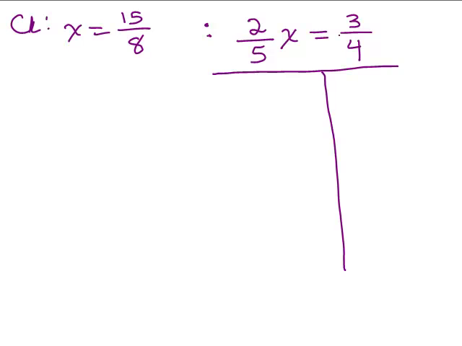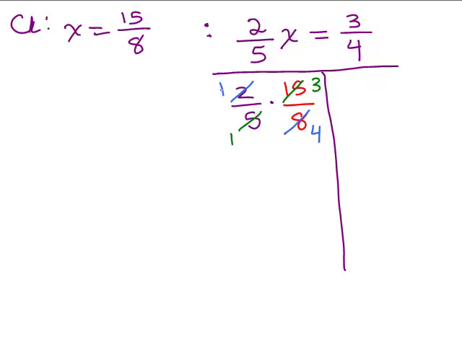So we've got our original equation and we're checking to see if x equals 15/8 is the correct solution. So on the left hand side I have 2/5 times 15/8. So I'm going to put 15/8 in for x. I'm going to simplify this left hand side. So let's see, 5 goes into 15 3 times, and 2 and 8, 2 divided by 2 is 1, 8 divided by 2 is 4.